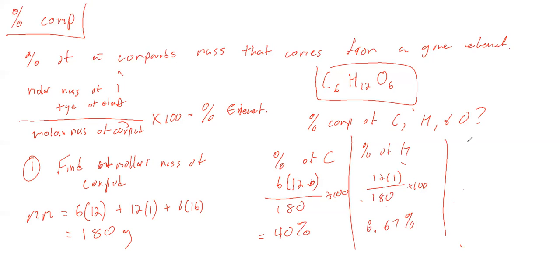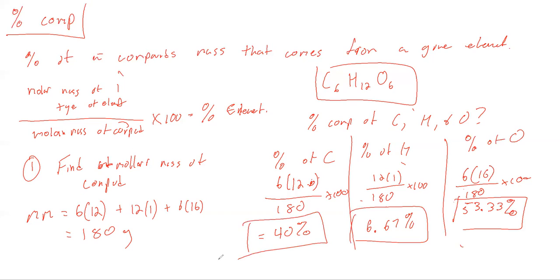And then finally, the percent composition of oxygen: we want to take the molar mass of all of the oxygens, and as we have 6 of them, 6 times 16, all divided by 180 times 100, because that's divided by the total molar mass. And we find out that the percent composition of oxygen in this compound is going to be right at 53.33%.